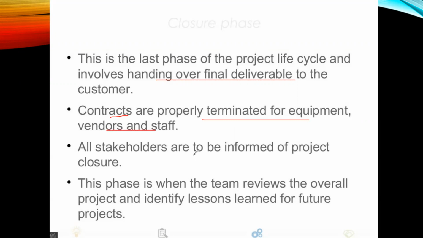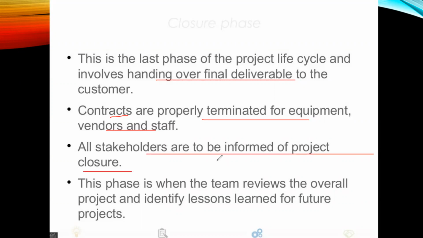What do we mean by contracts are properly terminated? Whenever you terminate the contract, the staff, as the first example, should all be paid what, of course, they were promised. All stakeholders are to be informed of project closure.